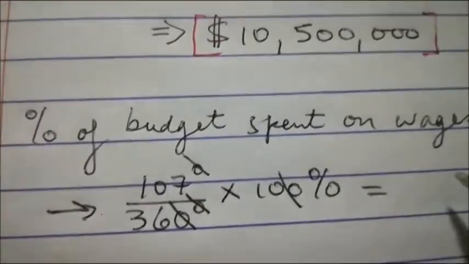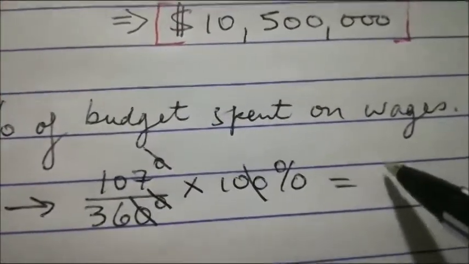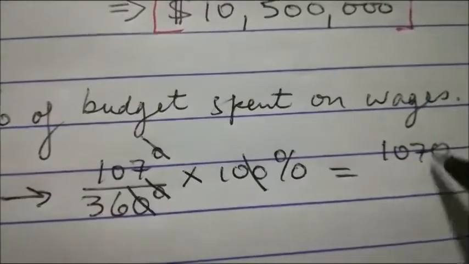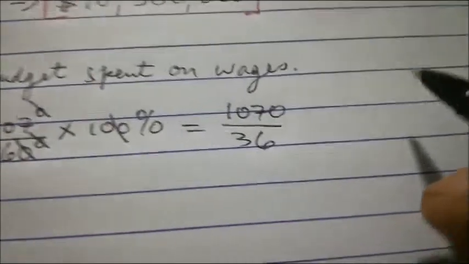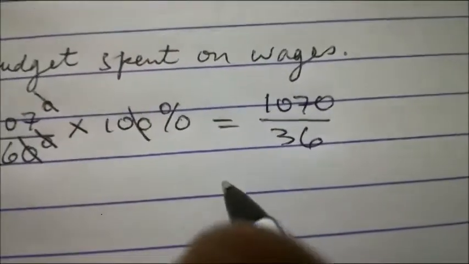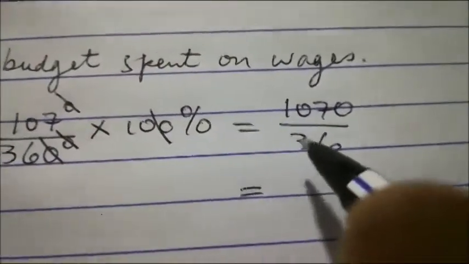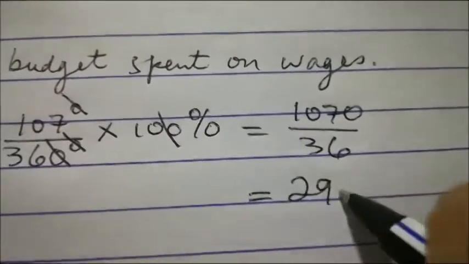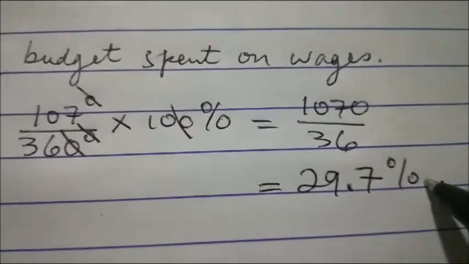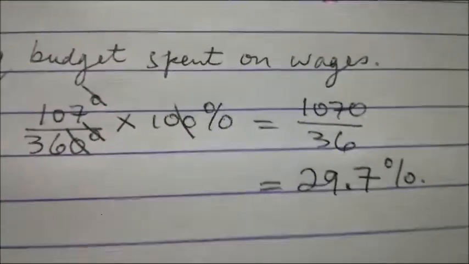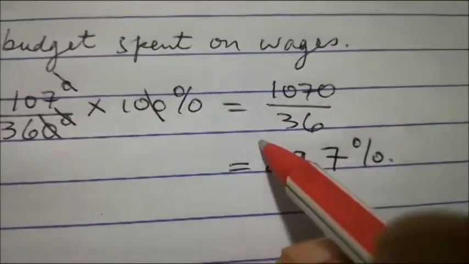So we're left with 1070 over 36, and when you put that into the calculator, you're going to get 29.7%. And this is your answer.